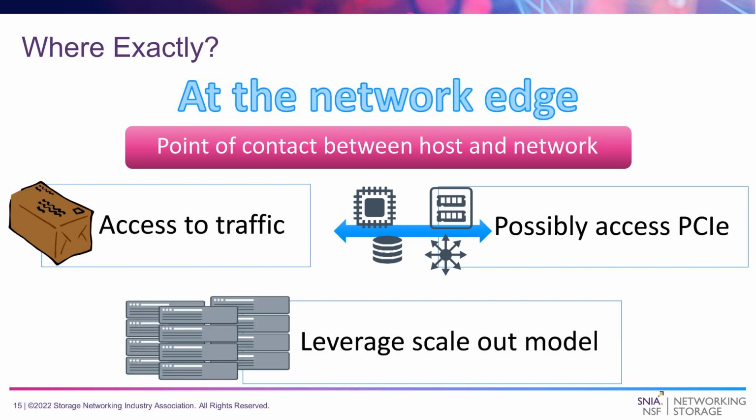And finally, by deploying xPUs in this particular spot at the network edge, we can leverage the scale-out model. As data centers grow and more servers are added, of course, we also add more xPUs, and we naturally scale with the scale of the data center.